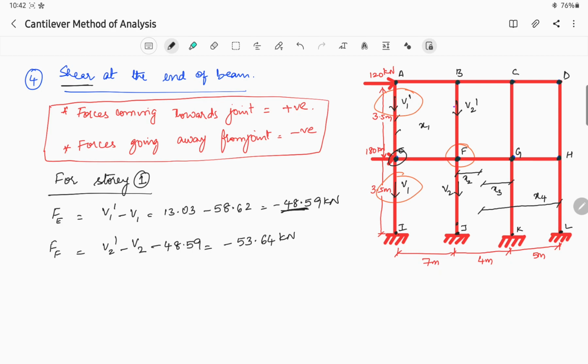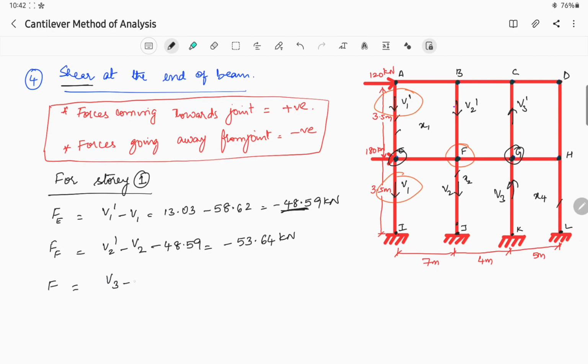kilonewton. Alright, next we'll take another joint, that is G, this joint. Here also we know V3 dash is going in upward direction, and V3 is also going in upward direction. So what happens here?